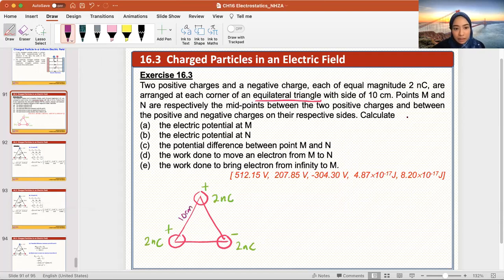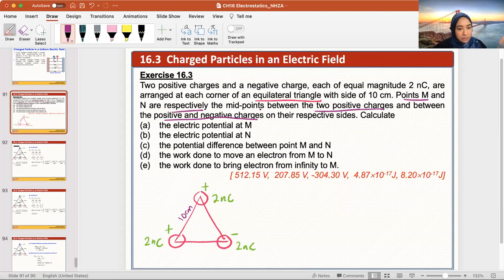Points M and N are respectively the midpoints between the two positive charges, and between the positive and negative charges.